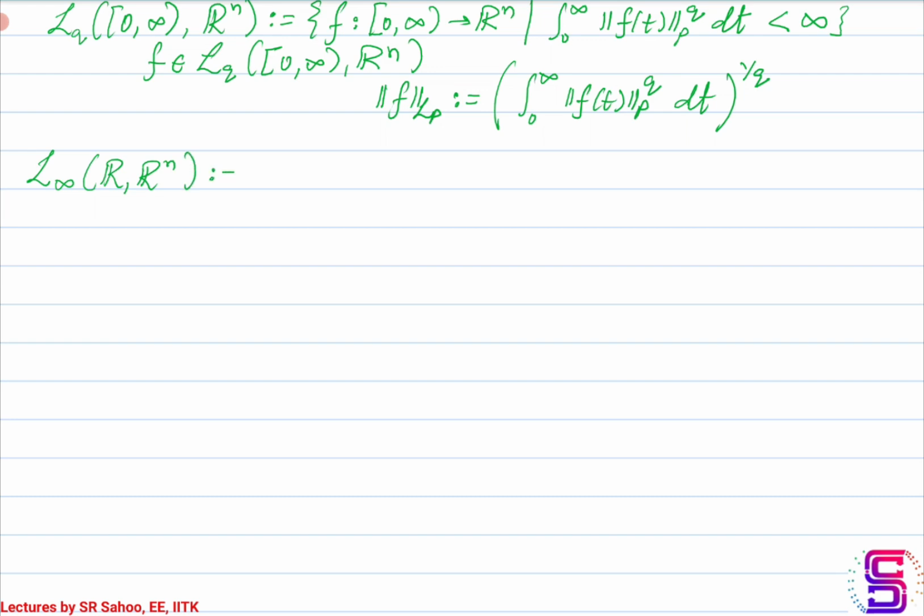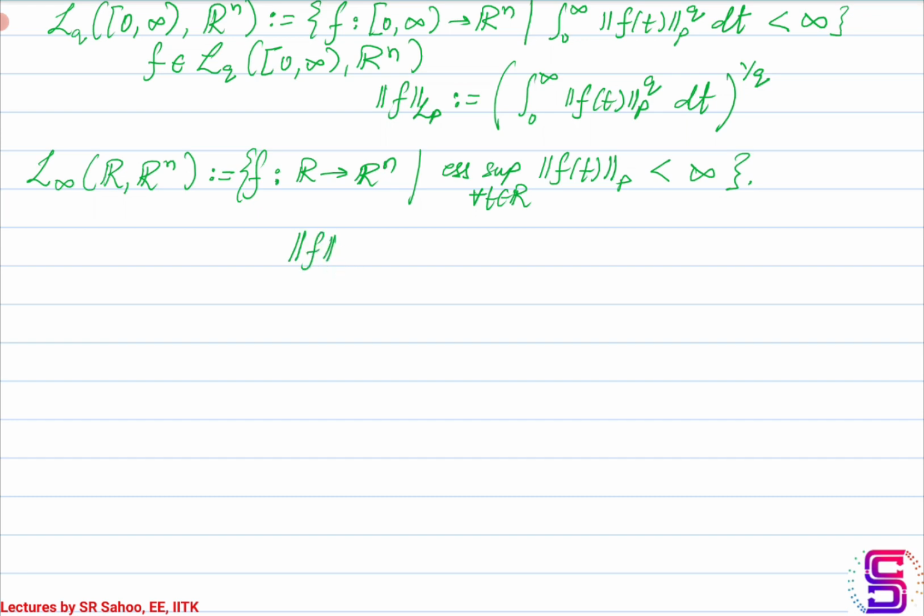The L infinity space we defined as functions mapping from R to Rn, such that the essential supremum for all t in R of the norm of f of t, some p norm of f of t, is less than infinity, and the L infinity norm in such cases is essentially the essential supremum that we had used in the definition of the L infinity space.